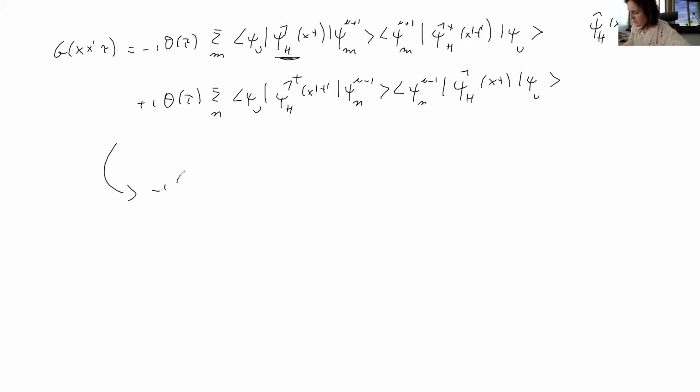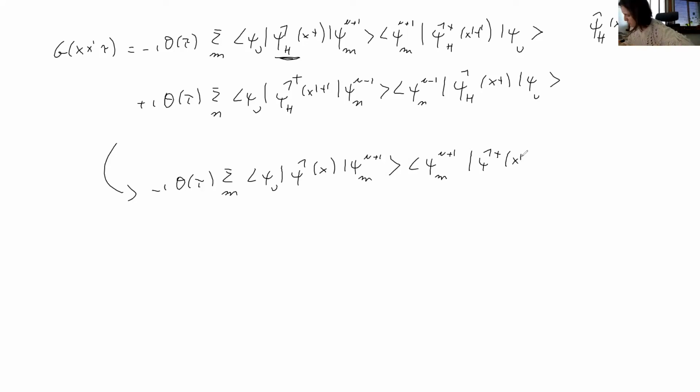So you have minus E theta summation over M psi 0, x prime. And here I have the exponential which comes precisely from acting with this exponential on my ground state energy and on the ground state wave function and the n plus 1 wave function. So I have this and then I have this.